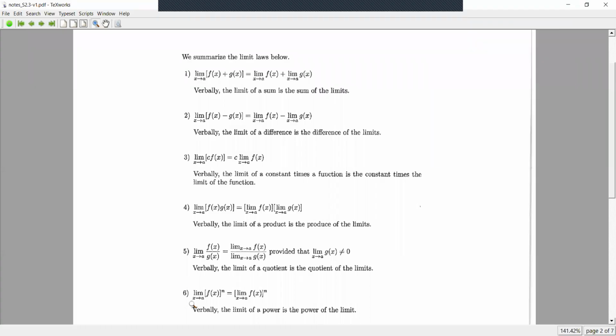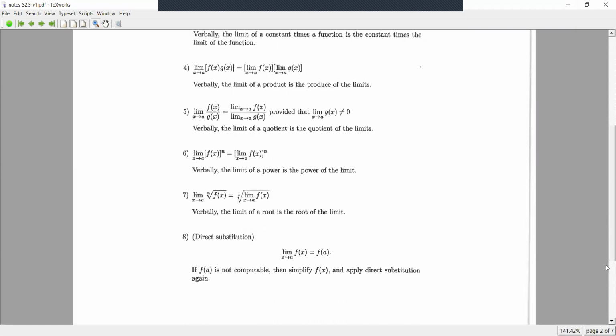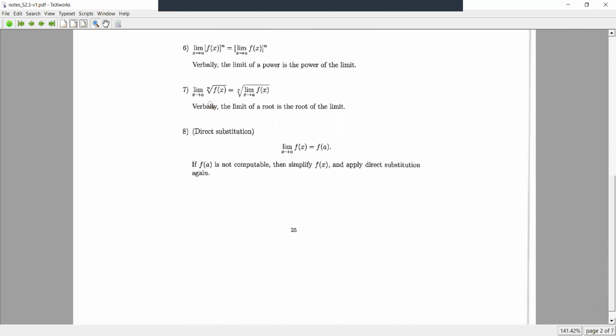Law number six. This law is a power law. It says that limit of a power is the power of the limit. Law number seven is a root law. Limit of a root is the root of the limit.